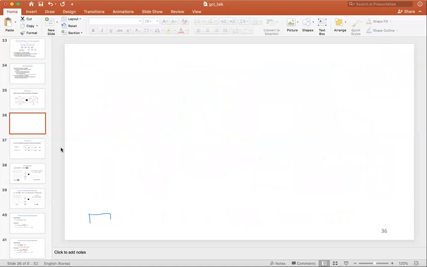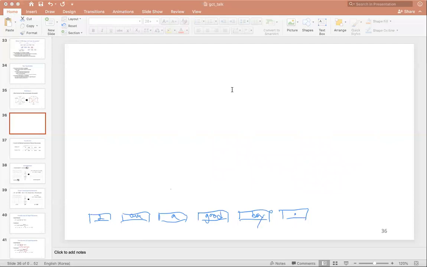So we have I, M, good, boy, and a transformer block. The transformer block looks like this. There's the attention part, which I'm going to call the self-attention part.